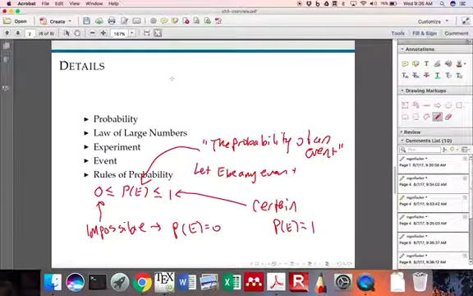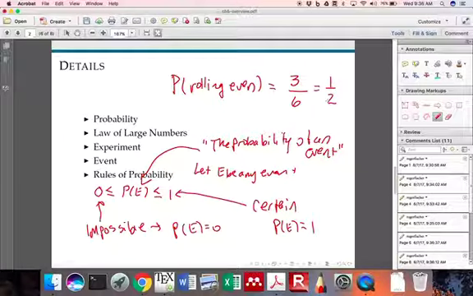So if we go back to probability of rolling even, that was 3 ways to get an even, 6 outcomes possible, better known as 1/2. So any particular time you roll a die, it's just as likely that you'd get an even number as it is an odd number.